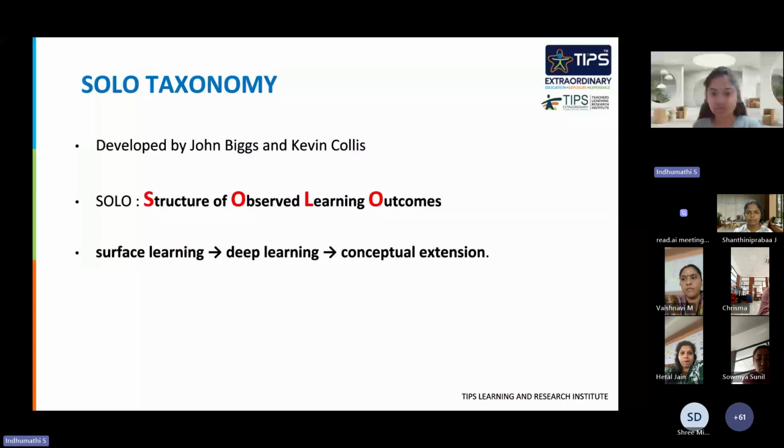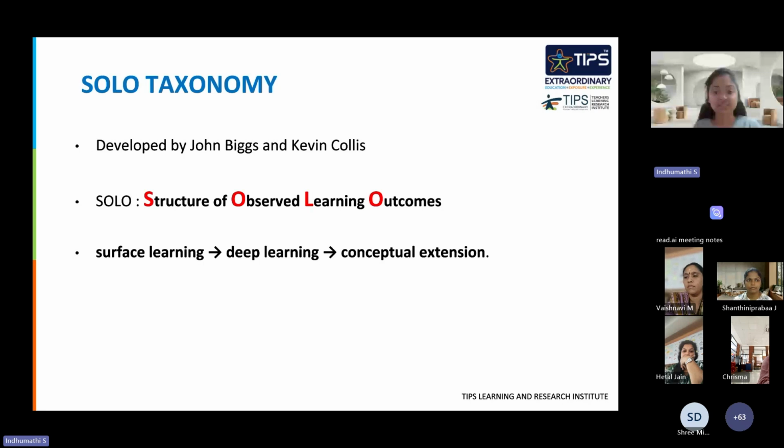We can look at whether the learning is disconnected, whether the learning is developing in children, whether the learning is integrated or extended. So simply we can understand how deeply a child has learned something. Instead of just checking if a child knows a concept, we observe how well they understand it.